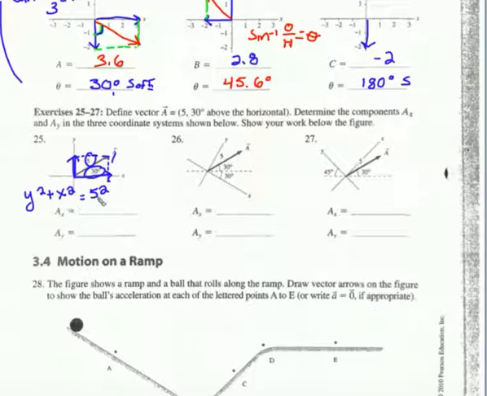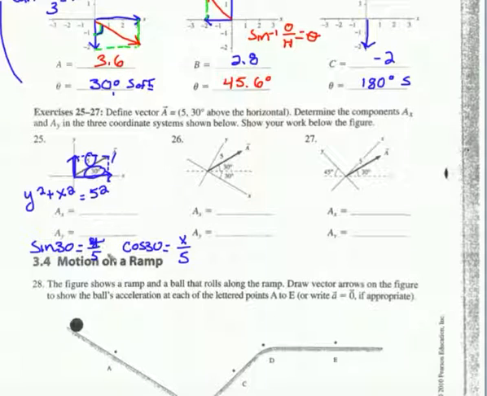So we use the Pythagorean theorem to find our missing sides, and then we can use our trig. Oops, I'm sorry. Y over 5, and then the cosine of our angle will be our x over our hypotenuse.